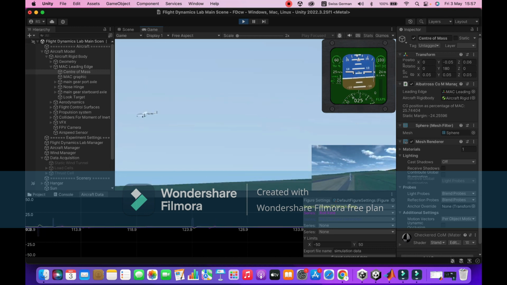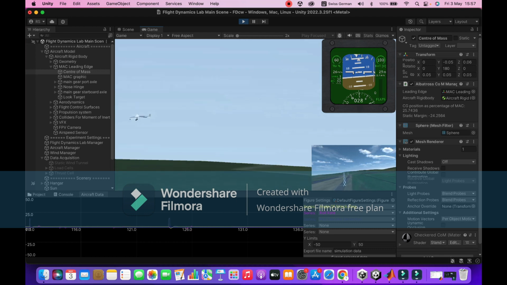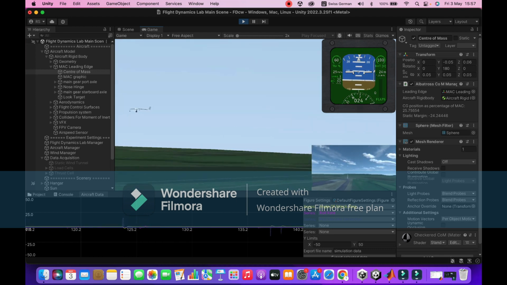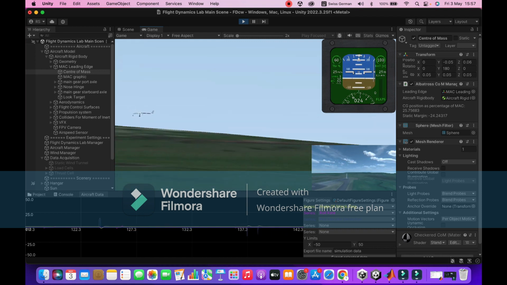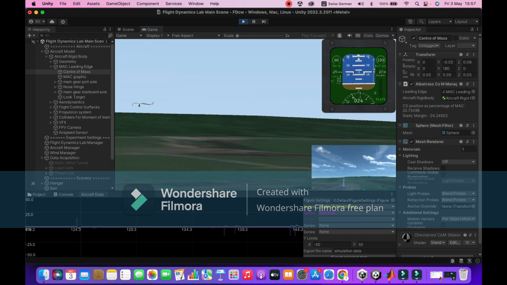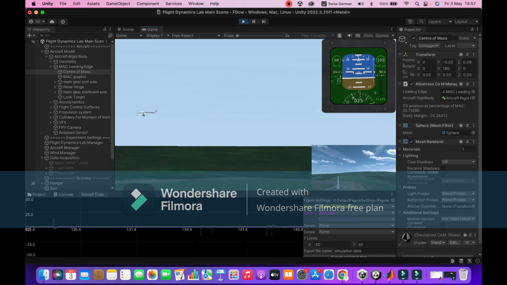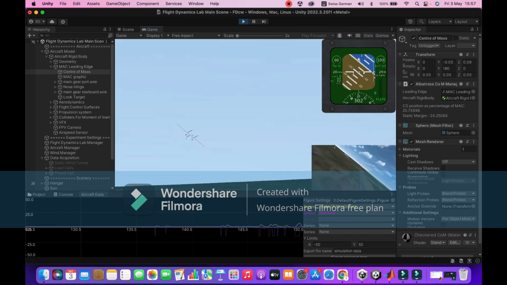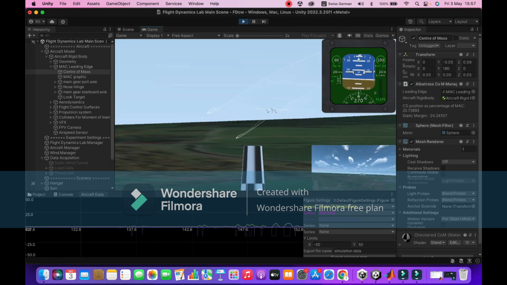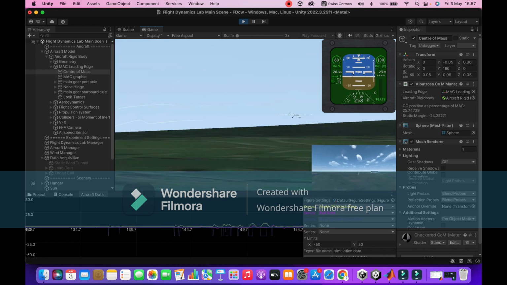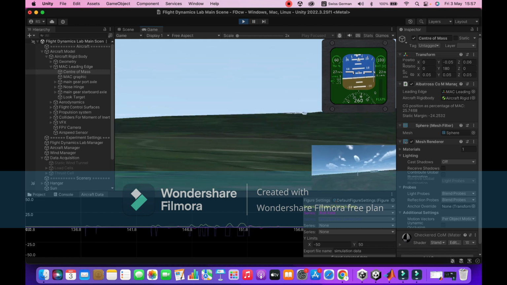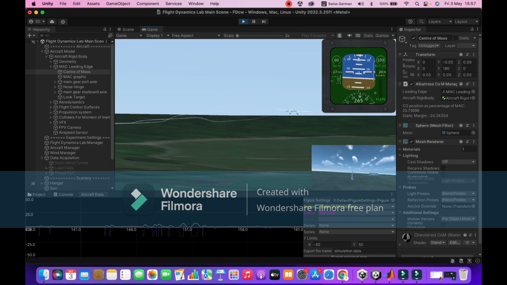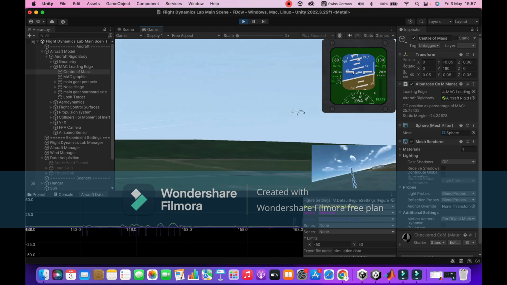So from here you turn, so here we turn back towards the hangar. Let's go for the altitude, it's fine now. And this is the last point, and now we'll try the landing.